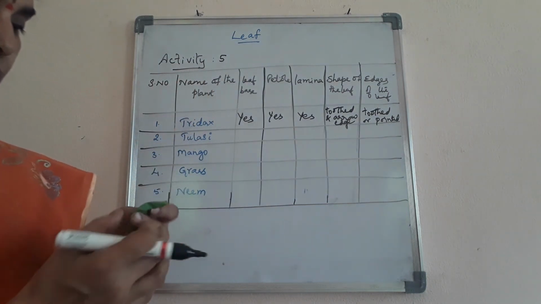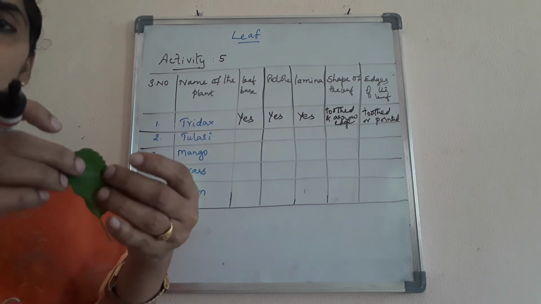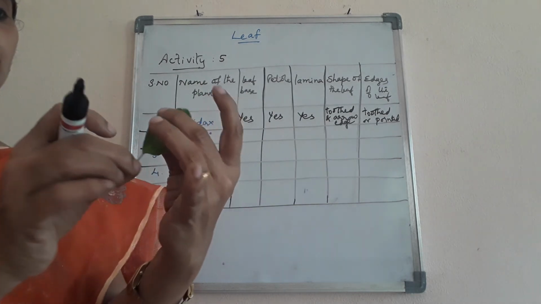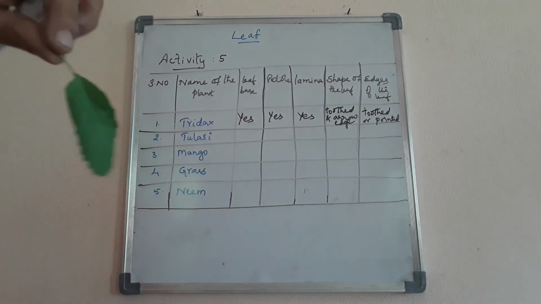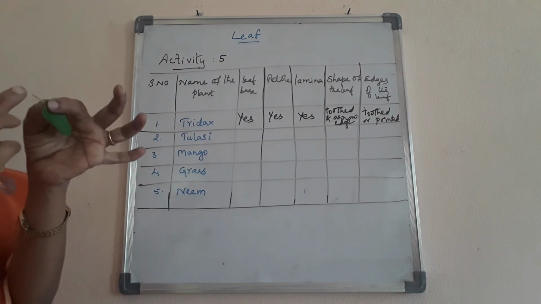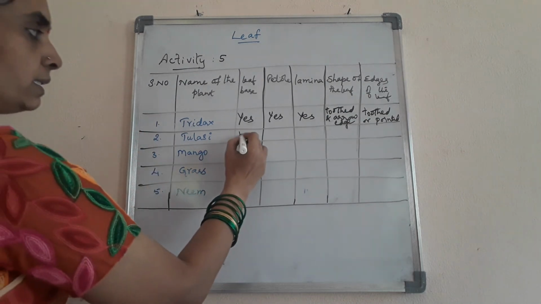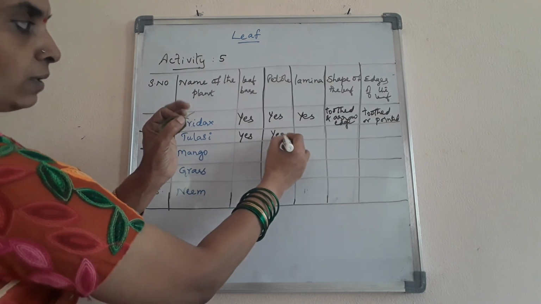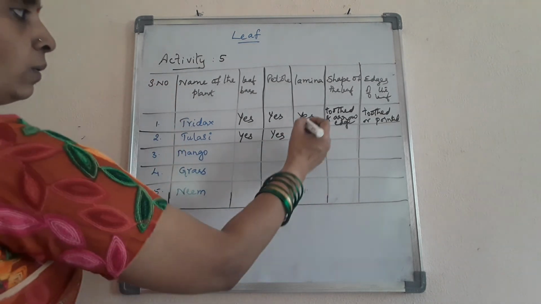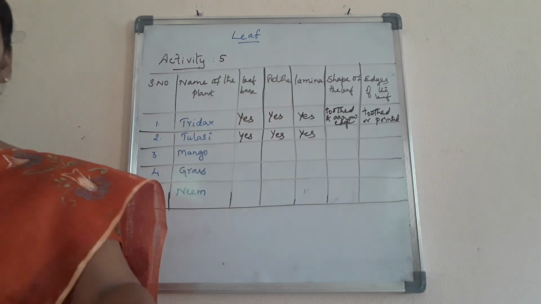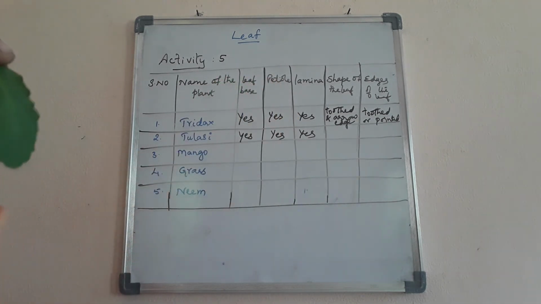So, if you see, this is a tulsi leaf. You might have seen it in your homes also, the tulsi is familiar. You are familiar with this leaf, isn't it? Does the leaf contain the leaf base? Yes, it contains the leaf base where it arises over the stem. Petiole. The stalk of the leaf is called petiole. Yes, it contains the petiole. Lamina, the expanded or flat portion of the leaf, is called lamina, and it also contains the lamina, isn't it?